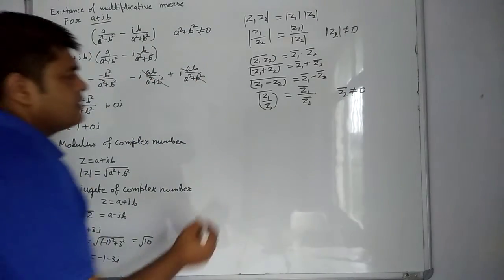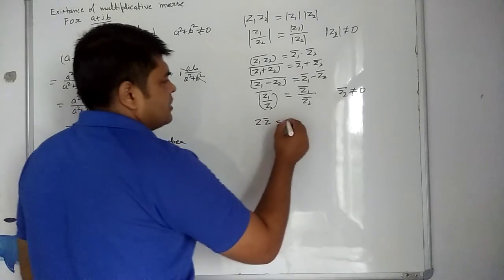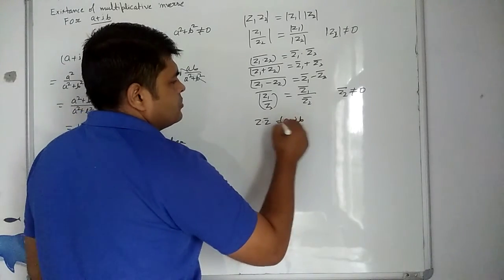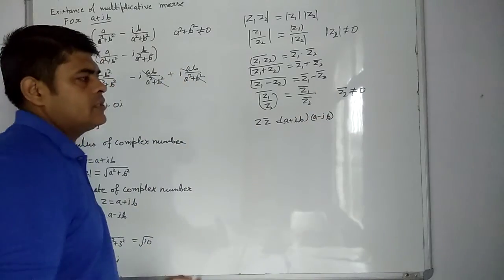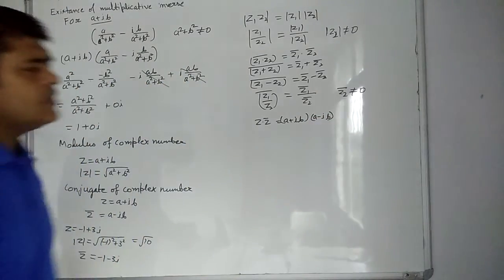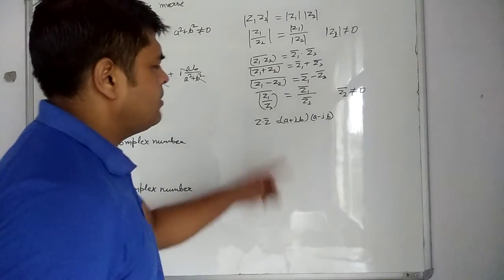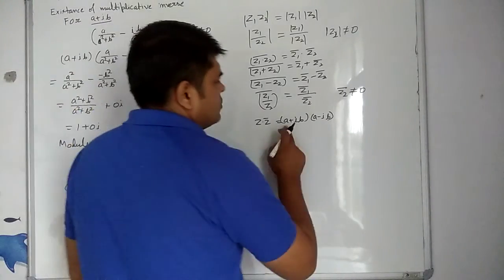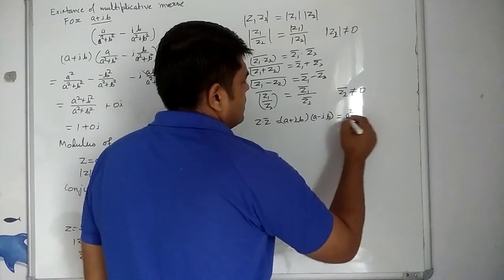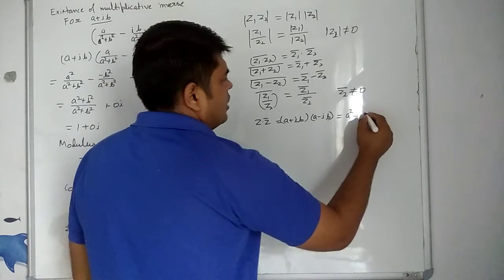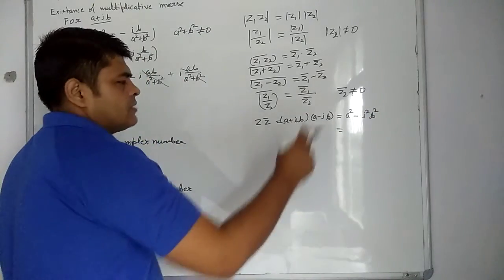One more property, and a very important one, is z into z conjugate, that means a plus iota b into a minus iota b. What will it give you? You can apply identities as well. All the identities we have learned in previous classes are valid for complex numbers. So a plus iota b into a minus iota b can be written as a square minus iota square b square, that is, a plus b into a minus b is a square minus b square.